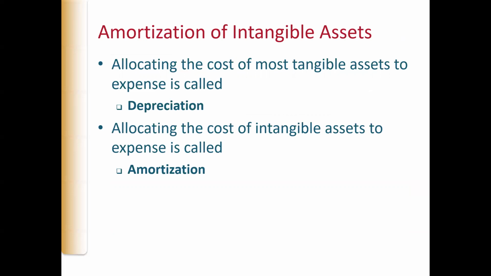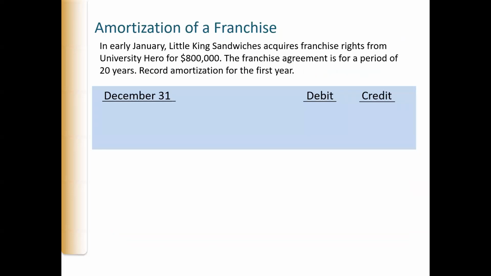Allocating is called amortization for intangibles. And we usually have no residual value on intangibles. In this example, Little King Sandwiches acquired franchise rights from University Hero for $800,000 for 20 years.